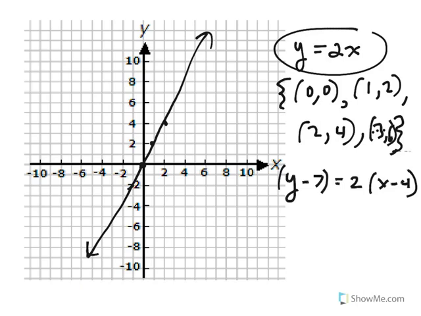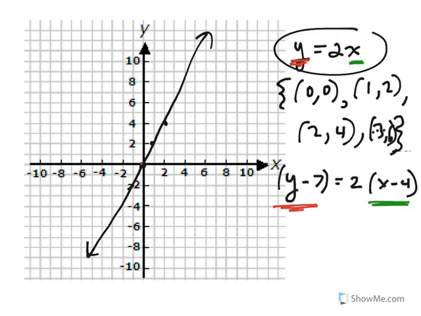You see, both of these equations have something equal to 2 times some other thing. In that way, these two equations are related to each other. And I could actually find ordered pairs in the solution set.